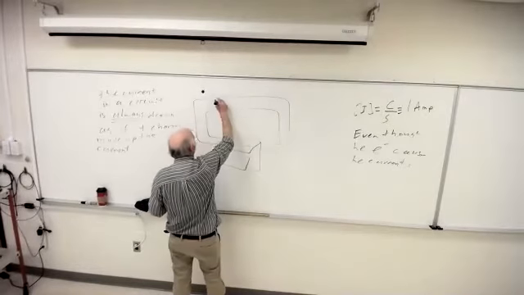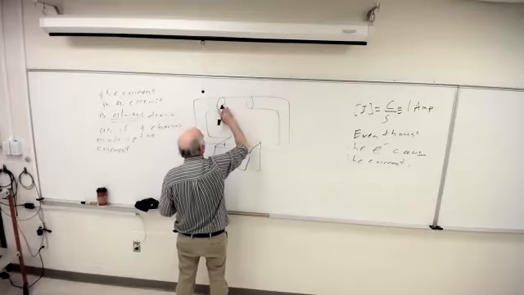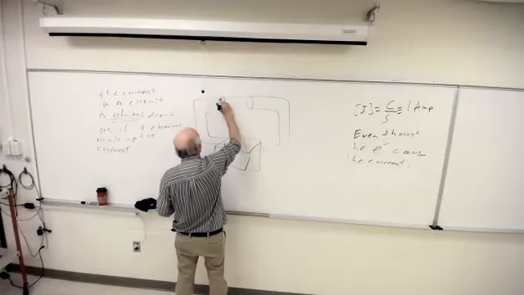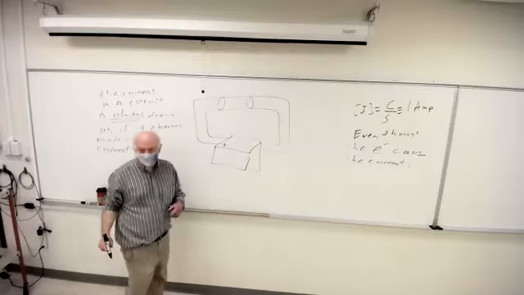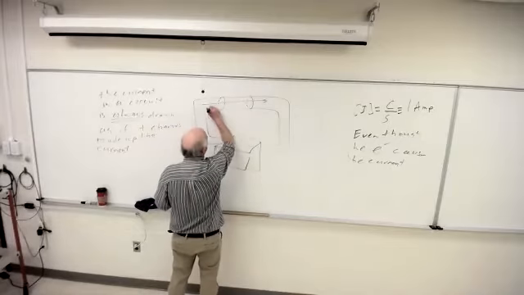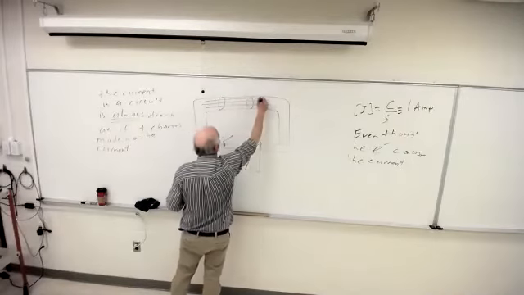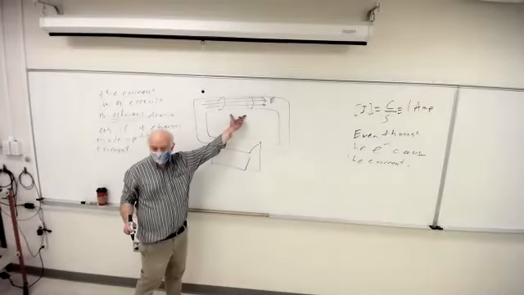I'm going to look at a little cross section right here. So here's a little cross section of this wire. The electric field is going to be going like this. So here's E. I'm just looking at this section right here.